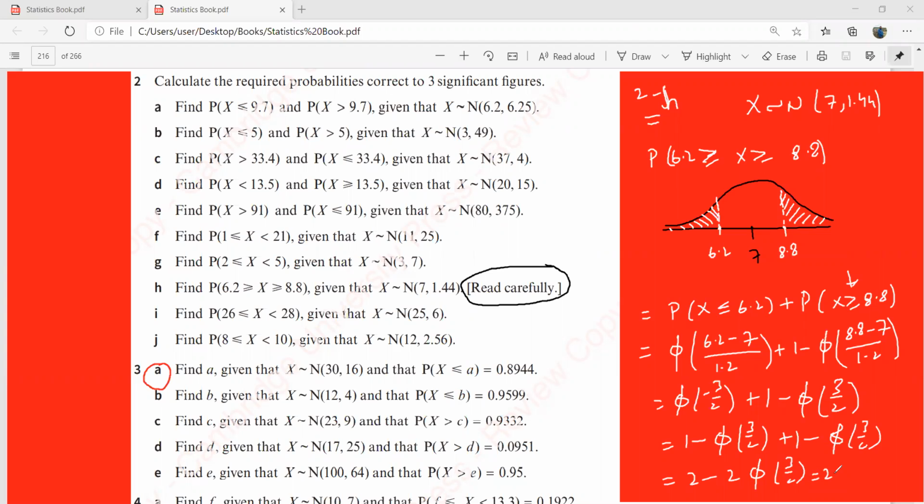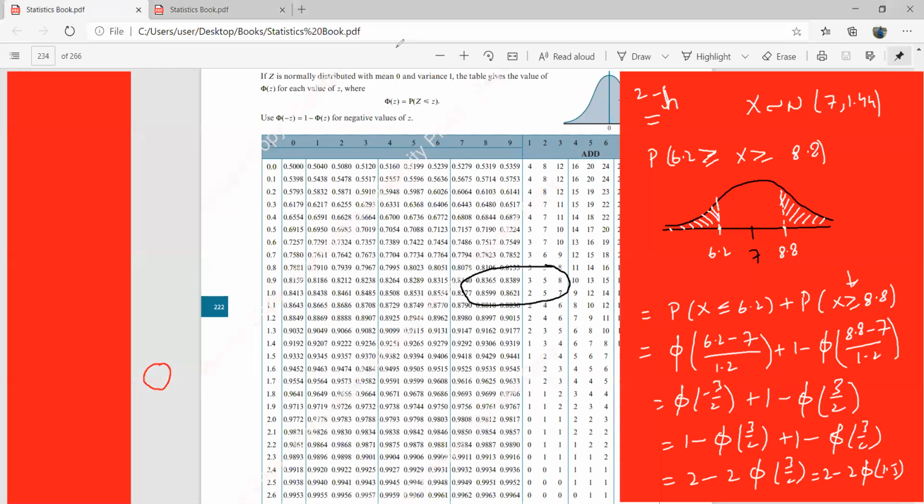This is 2 minus 2 times phi of 1.5. So I'll quickly go to the table now. I have to see what is phi of 1.5. Here is my 1.5, so this is 0.9332.